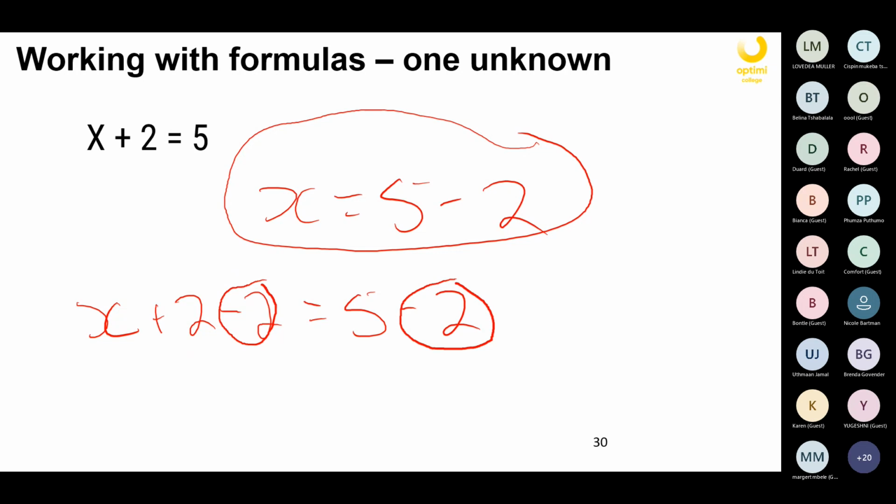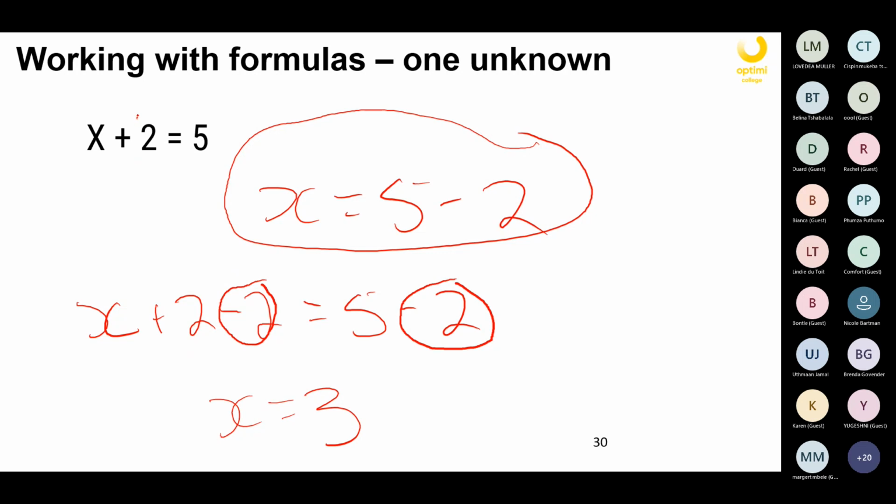And that's how we got to 5 minus 2. x plus 2 minus 2 is 5 minus 2, x equals 3. That's the one way of remembering it. The other way of remembering it is you can simply say, well, I've got x plus 2. I don't want the 2 over here on the left-hand side.